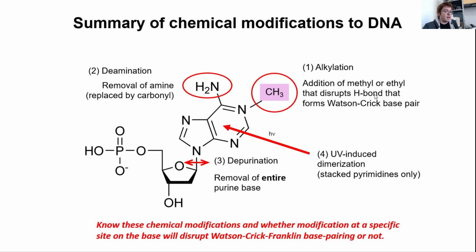And you have a good handle on whether or not a particular chemical modification to the DNA is going to be problematic for base pairing. And so the key idea here is to know your damage and to know whether when a site becomes damaged, that's going to have consequences or not for base pairing. And obviously we discussed scenarios for each one of these in which, yes, it is a big problem.